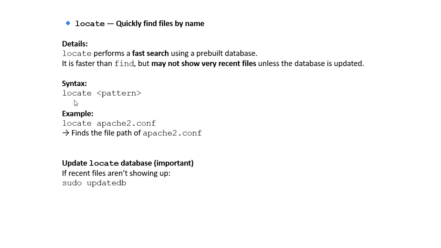The syntax is locate pattern, and the example is locate apache2.conf, which finds the path of the apache2.conf configuration file. To update the locate database, which is important if recent files are not showing up, use sudo updatedb.